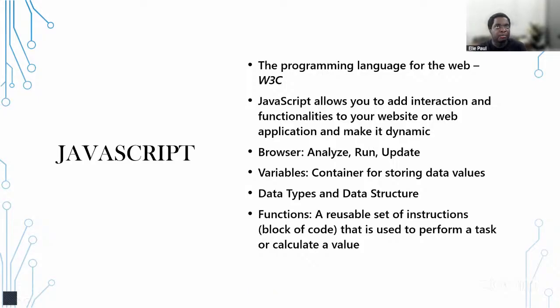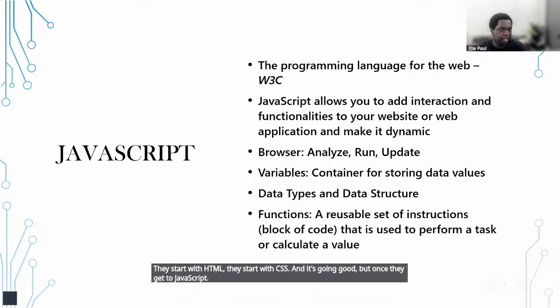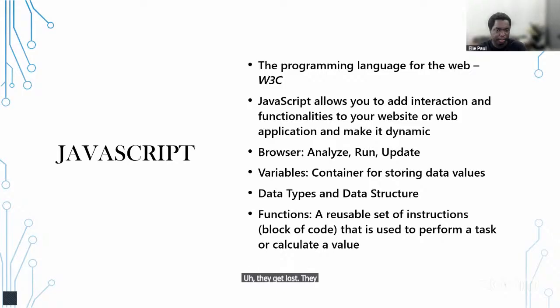Okay. So JavaScript. A lot of times I hear people talk to me about how they start with HTML, they start with CSS, and it's going good. But once they get to JavaScript, they get lost. They do not see what to do and all that. JavaScript is a programming language, and W3C gives the definition: the programming language for the web.